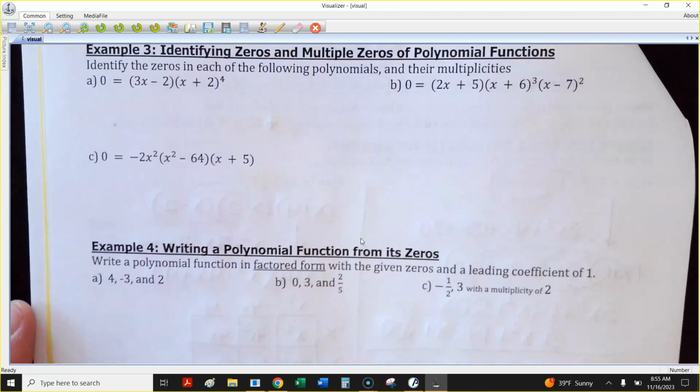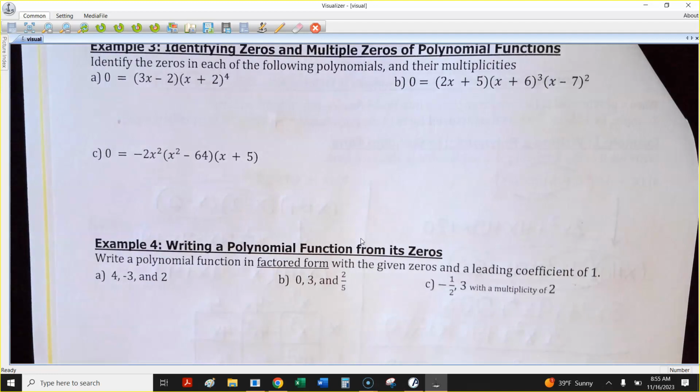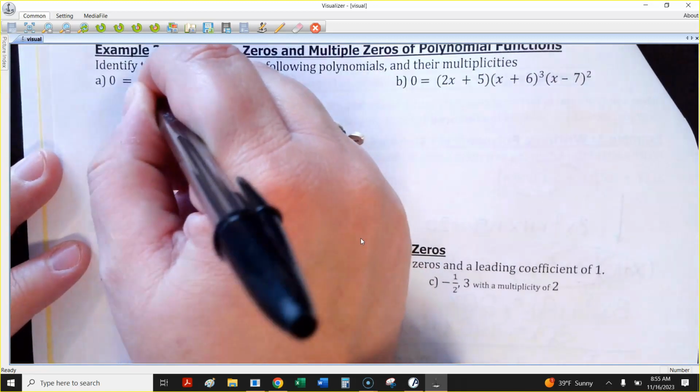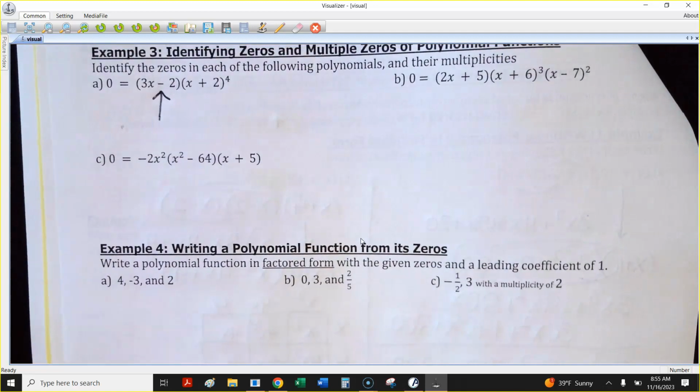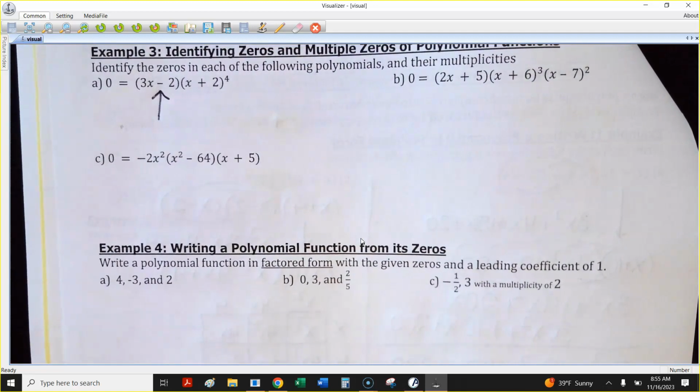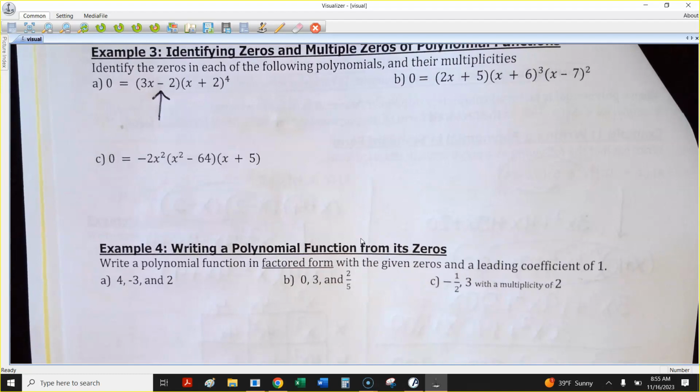Okay, now, these guys on the back are all going to be equations. If you guys remember doing this from quadratics, if I have 2 things or 3 things or whatever multiplied together to give me 0, then either the first thing is 0 or the second thing is 0. So if I tell you, I have a little factor right here, 3x minus 2, what would the 0 be? Like, what would you plug in for x to make that equal to 0? And if you want, you can actually set 3x minus 2 equal to 0 and solve it.